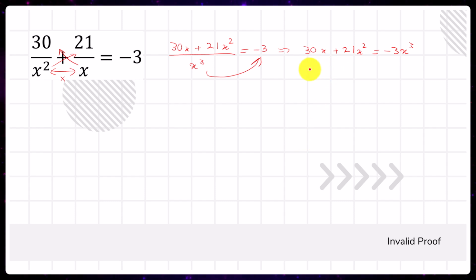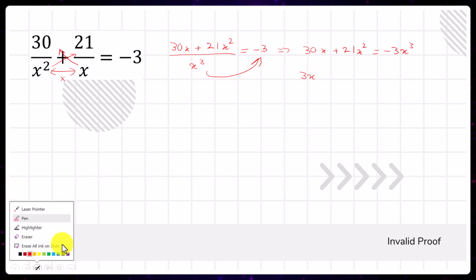If you take a closer look, you can see that this whole equation can be divided by 3x, or we could factor 3x from it. So we will have something like this.